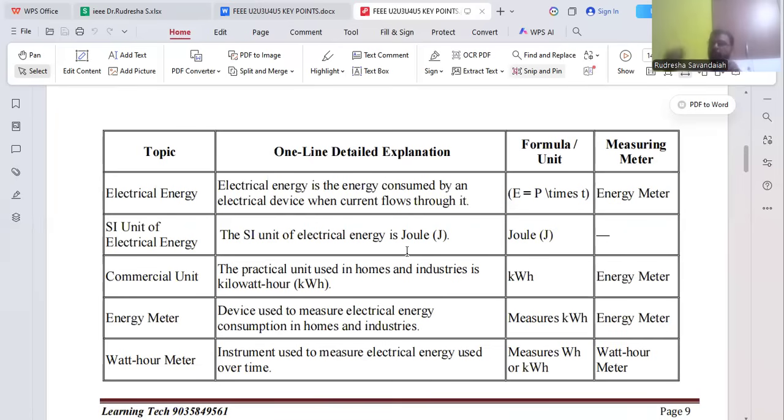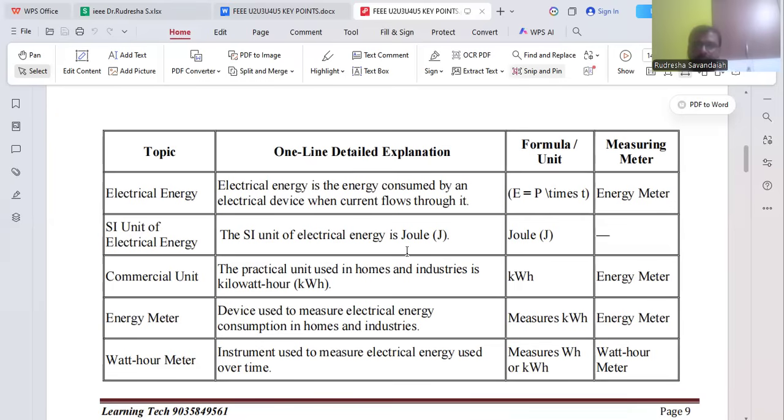For example, when current flows through the wires in a house, how much current flows is measured by electrical energy. The formula is E equals P times T, and it is measured by the energy meter.